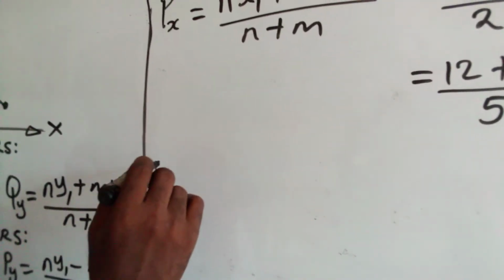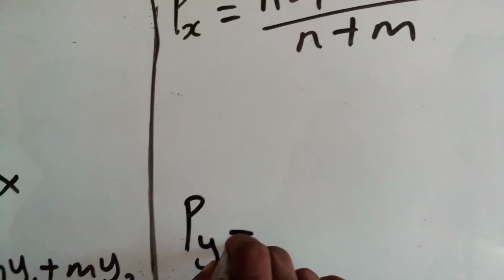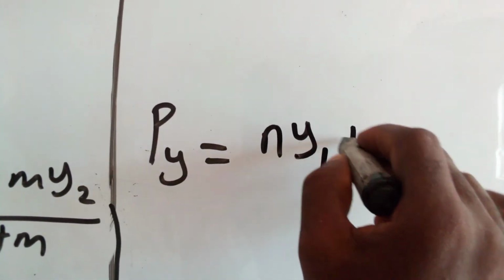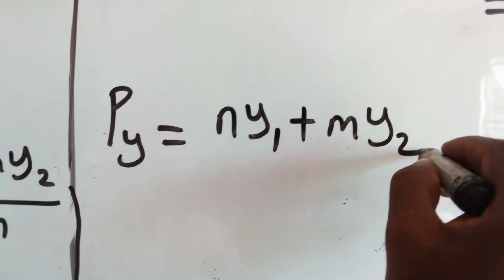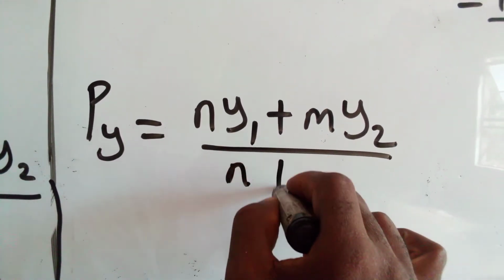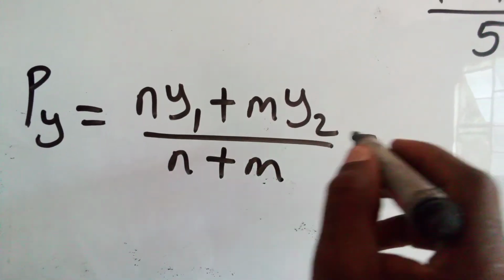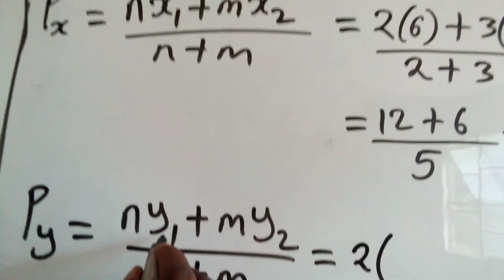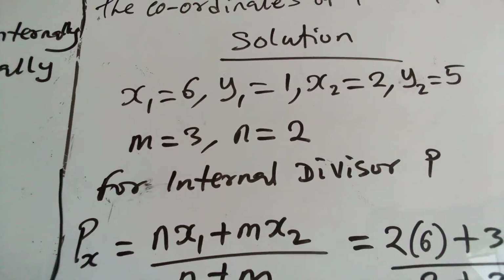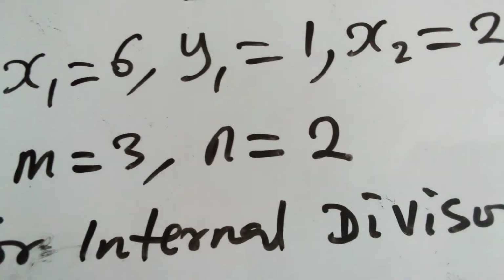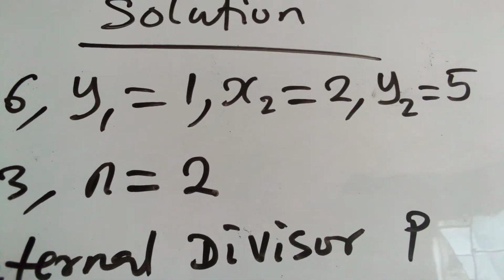Then you will now get your y-ordinate, which is n y1 plus m y2 all over n plus m. So what is your n? n is 2. What is your y1? y1 is 1. Plus m is what? 3. y2 is what? 5.